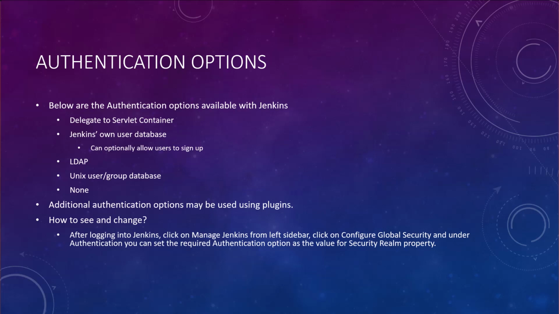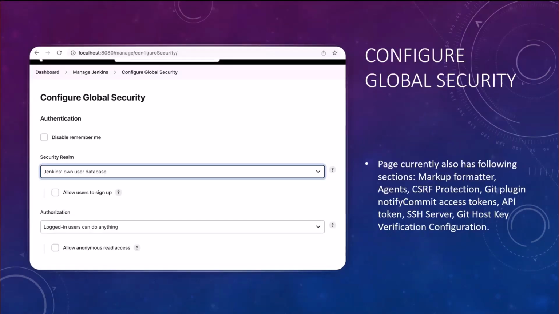How to see and change these options? You can go to Manage Jenkins and then click on Configure Global Security, and under the Authentication section, you can select the required authentication option for the security realm property. When you go to Manage Jenkins and click on Global Security, you can see a similar page.